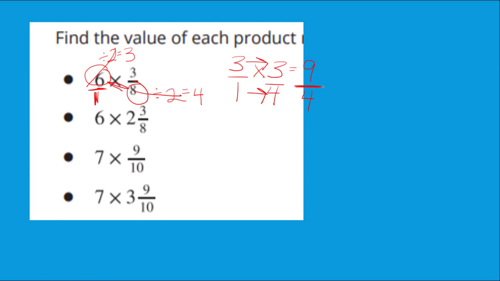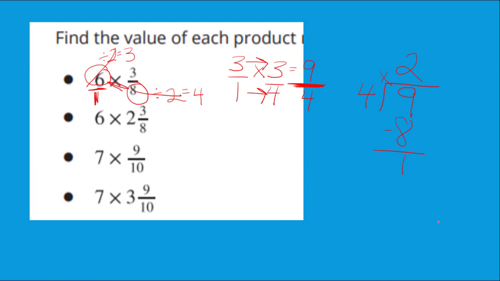9 divided by 4. Bottom dog goes outside the house, top dog goes in the house. Can 4 go into 9? Yes. How many times? 2. Multiply. 4 times 2 is 8. Subtract.